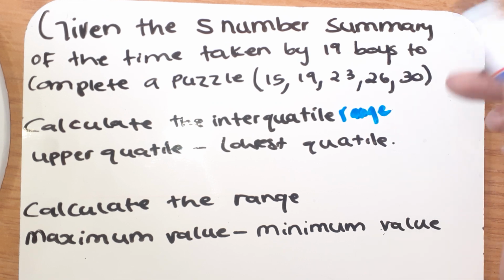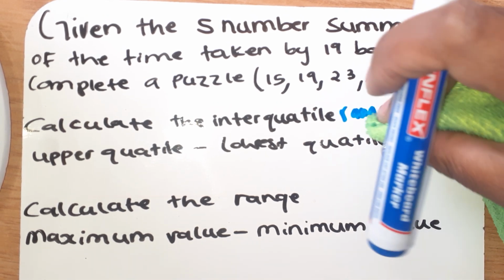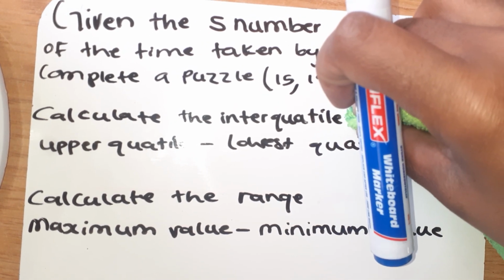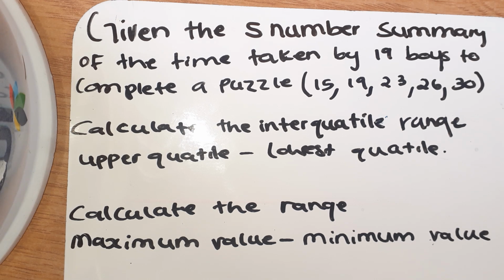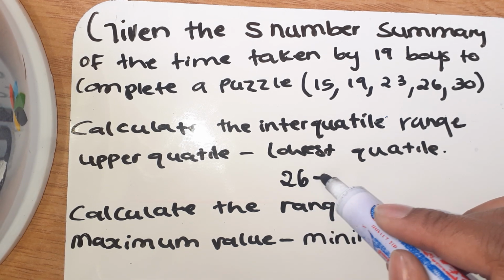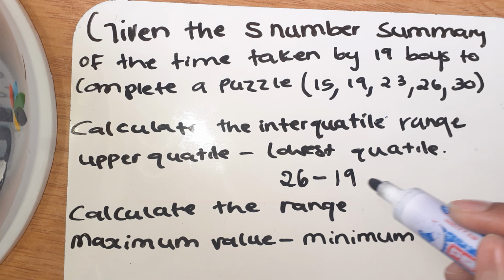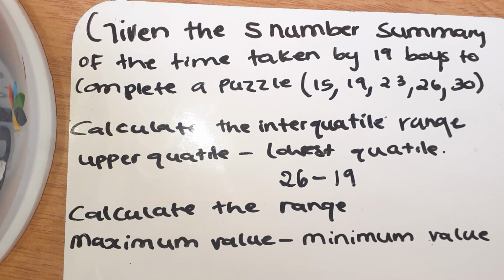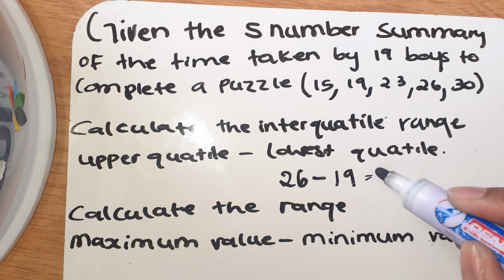You can be asked to calculate the interquartile range. So you will take the upper quartile, which is 26, minus the lower quartile, which is 19. That's how you calculate the interquartile range, and that is 7.